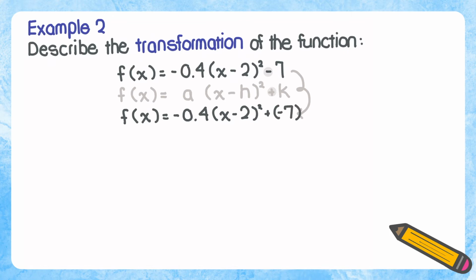Let's identify a, h, and k. a is replaced by negative 0.4. So let me write it over here. a equals negative 0.4. It's negative, so there will be a reflection. And also, if we just focus on the 0.4, 0.4 is less than 1, so we will have a vertical shrink.